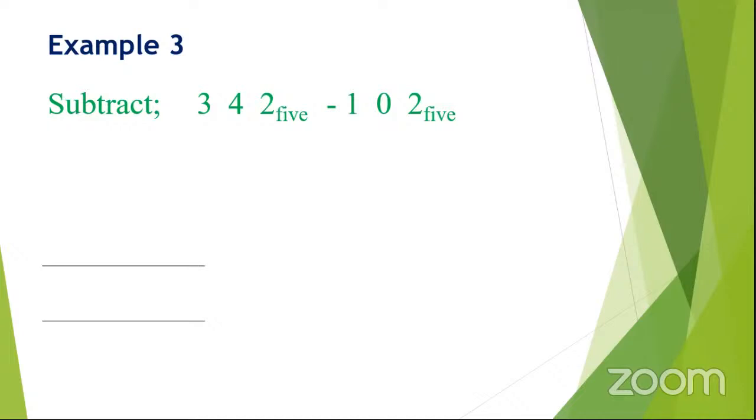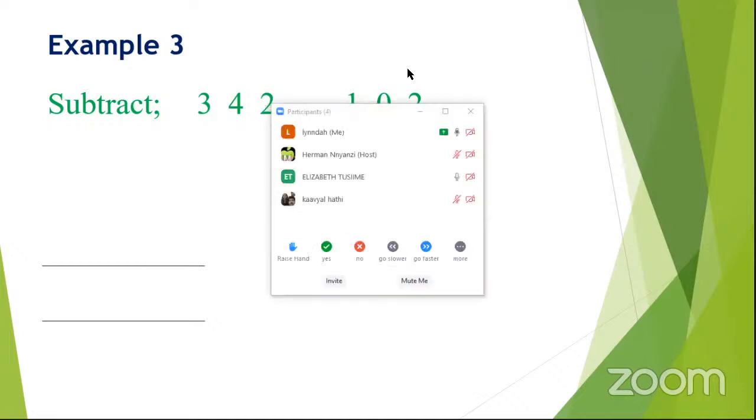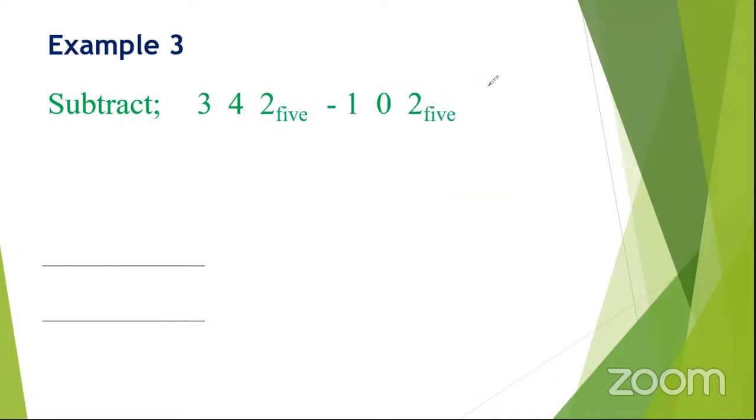When we are subtracting, there are two things we need to consider. One, you consider the digits in each place value. Although we are in bases, still each digit stands under a given place value. If we attempt to give place values to these, we shall have them as ones, fives.